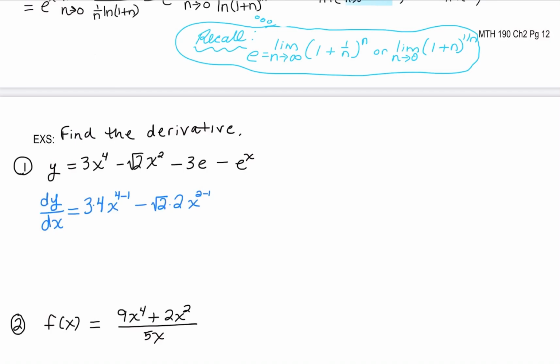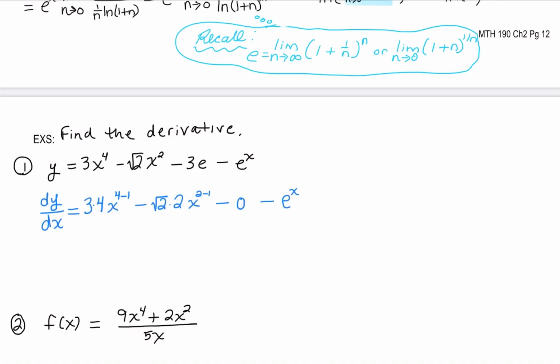That's just a constant. e is like 2.7-ish. So you just have a constant. It's not e to the x. So remember, the derivative of a constant goes to 0. But the last term, derivative of e to the x, that is e to the x. So that's the last one we proved last time.